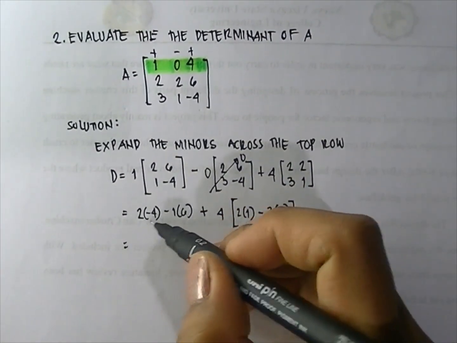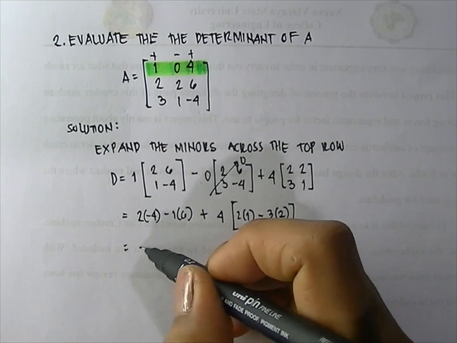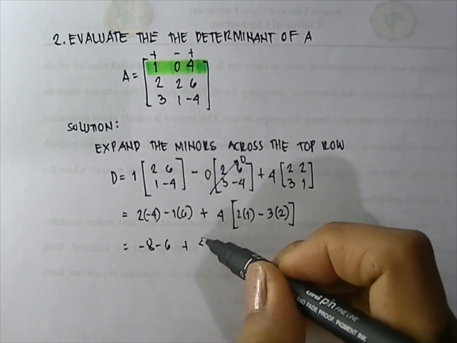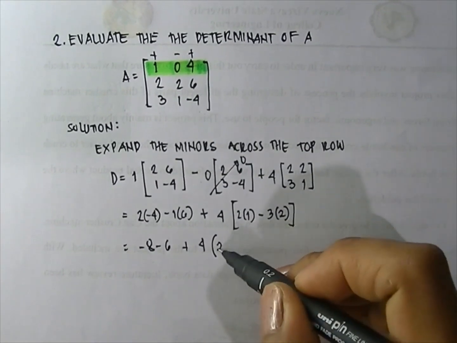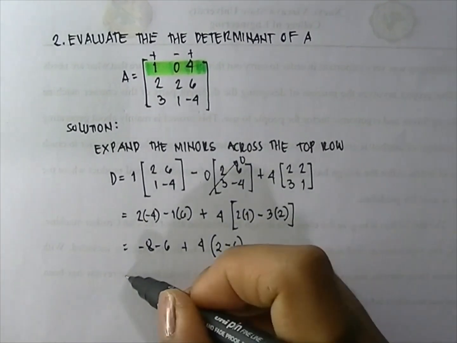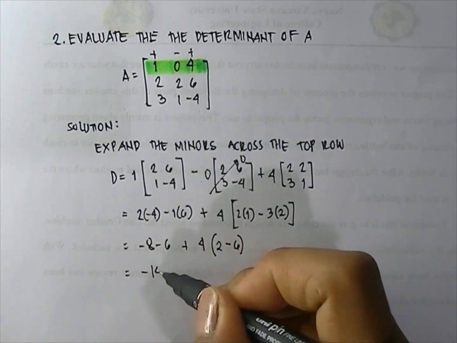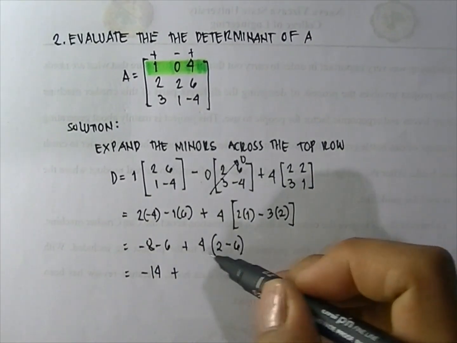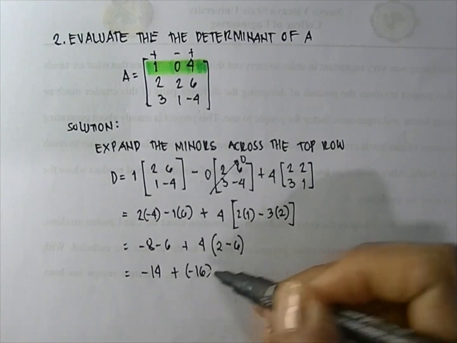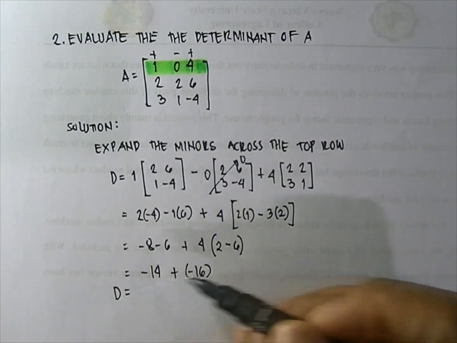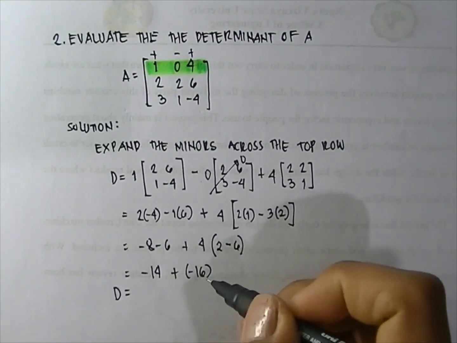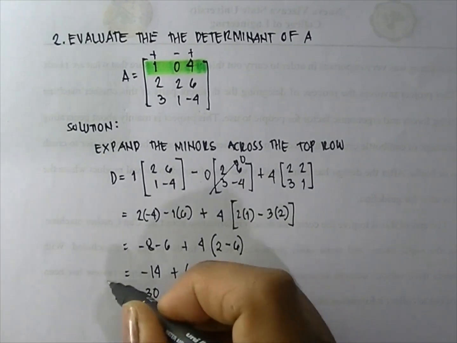Therefore, we have 2 times negative 4 is negative 8 minus 6, plus 4 times 2 minus 6. So, we have negative 14 plus negative 4 times 4 is negative 16. Therefore, the determinant of A is negative 14 plus negative 16 is negative 30.